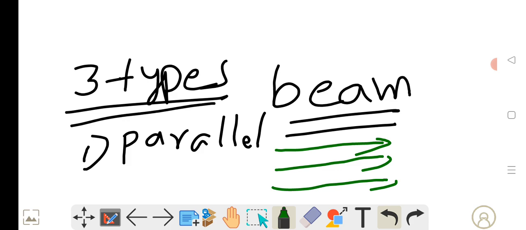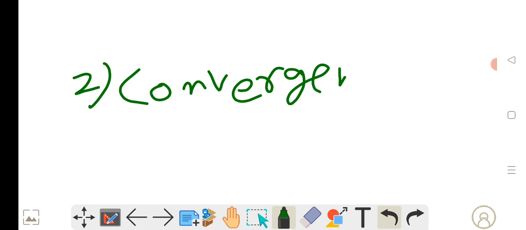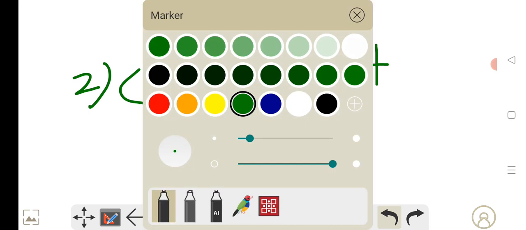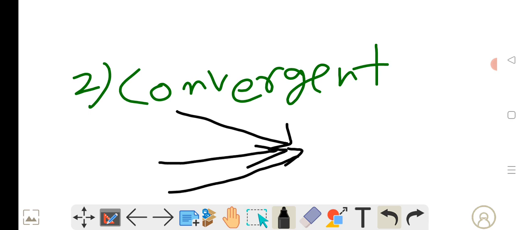Next, the second type of beam, the convergent beam. Convergent means these light rays will be meeting at a point. Convergence means meeting. Like this, they all meet at a point. So this beam we call a convergent beam.